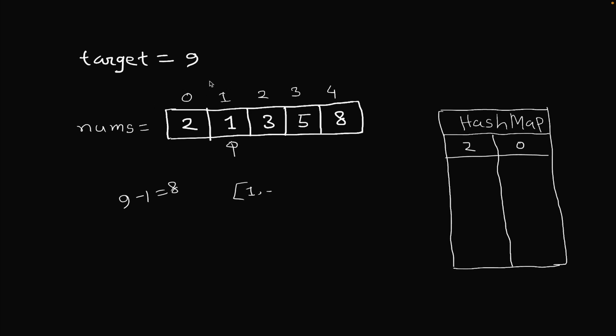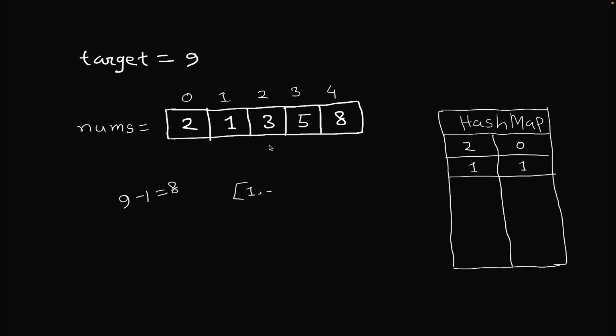How do we check whether 8 exists in this subarray, excluding the current element? If we look in our hash map, we see that 8 does not exist. So we're going to add this one as key, and as value we insert the index 1. So we have inserted the element and the index.